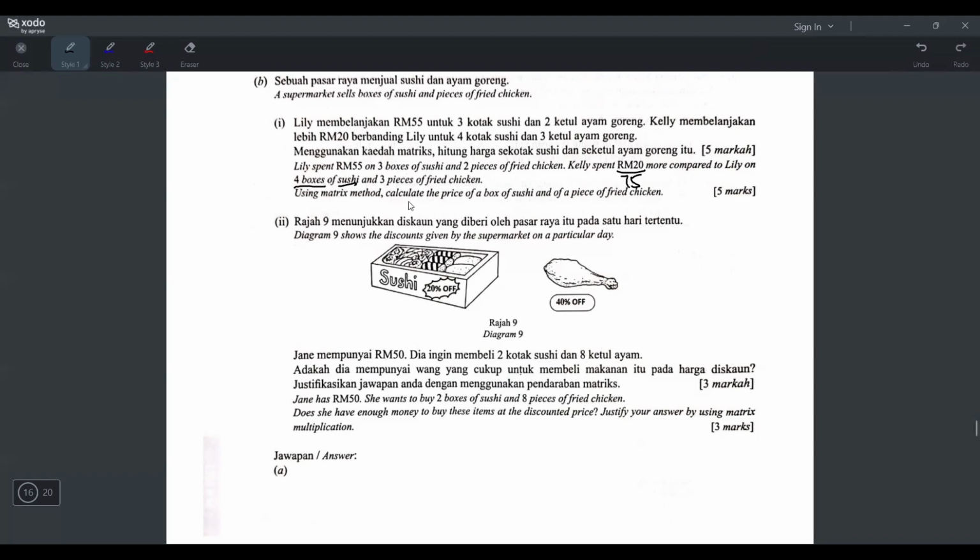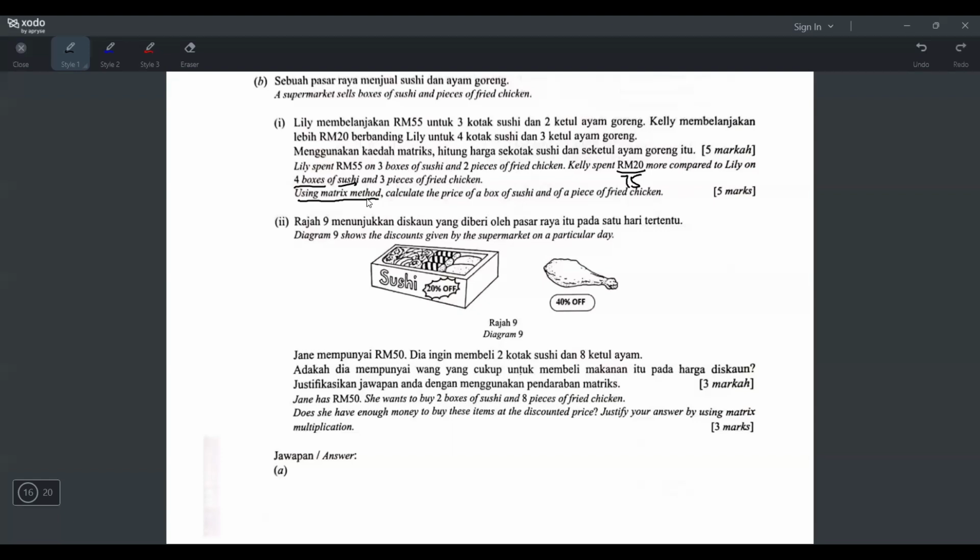So using matrix method, calculate the price of a box of sushi and a piece of fried chicken. Okay, I think I know which chapter already. This one is under simultaneous equation, persamaan serentak. And how I know it is from the words using matrix method. Why they have to emphasize using matrix method is because there's another method to do it, which is the substitution elimination method, penggantian penghapusan.